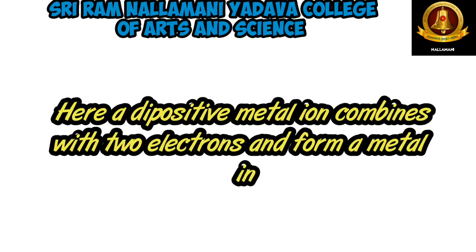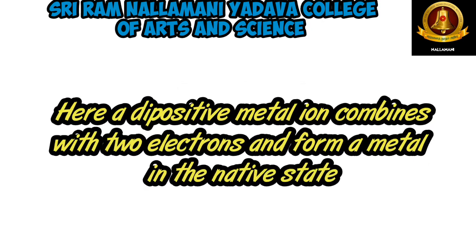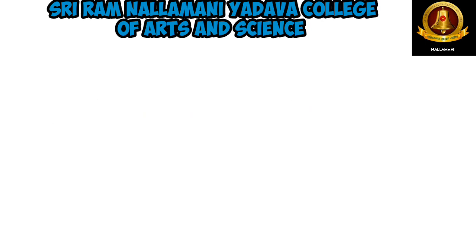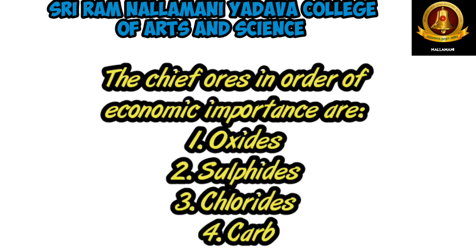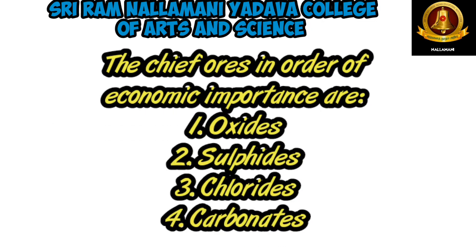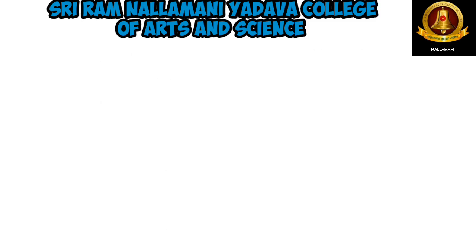Here, a dipositive metal ion combines with two electrons and forms a metal in the native state. The chief ores in order of economic importance are oxides, next sulfides, next chlorides, finally carbonates.